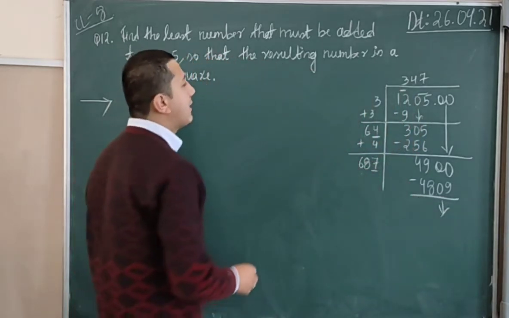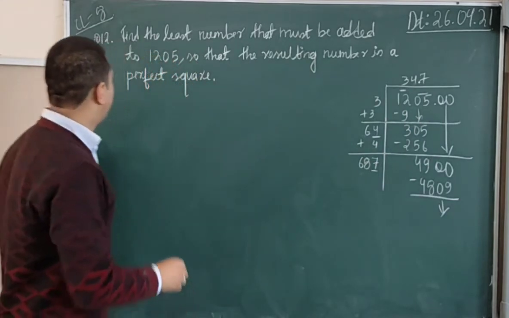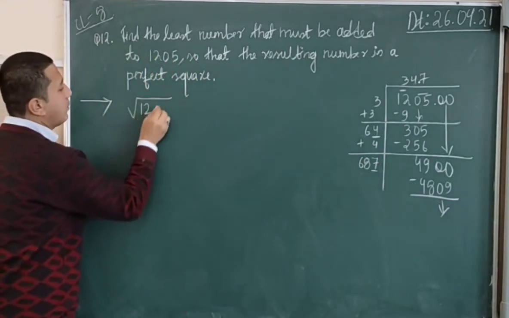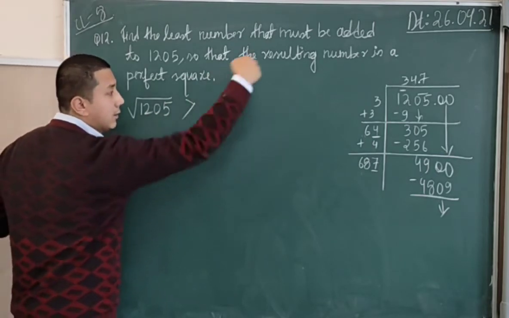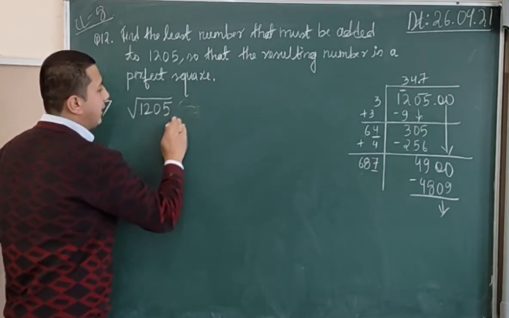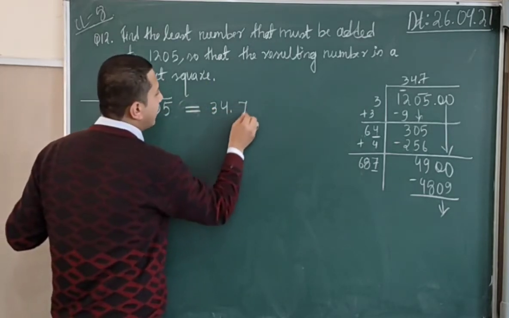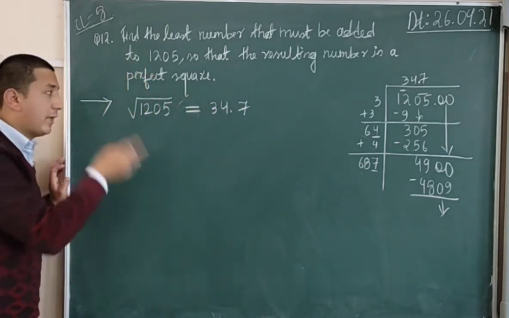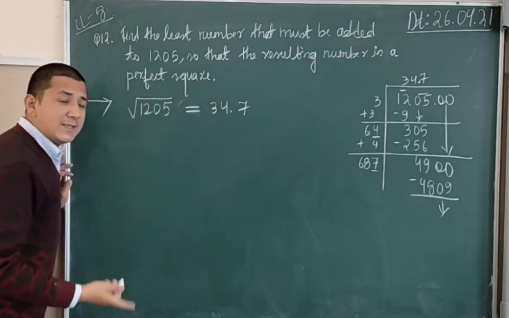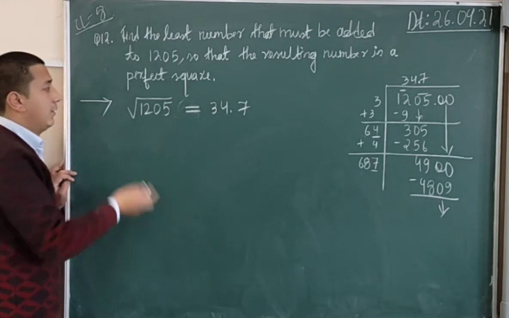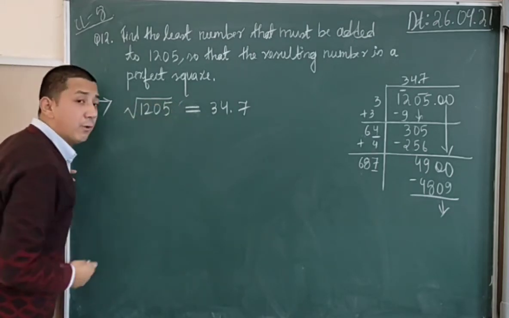So one thing we can see from here is that the square root of 1205 will actually be more than how much? What are we getting? The square root of 1205 is 34 point something, 34.7 or so, which means that it is actually not 34.